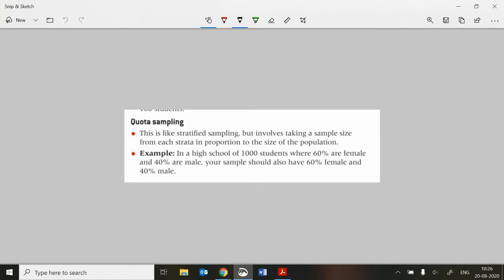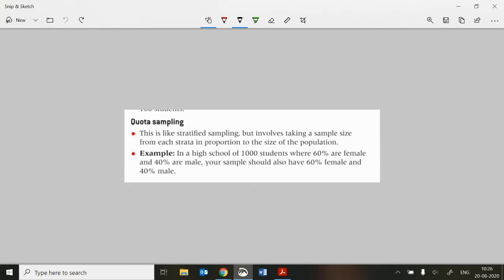So to look at the general experience, we want to take twice as many students from year 8. So quota sampling is the same as stratified sampling, except we need the right proportion from each of the strata, as in we want the same proportion in our sample as we have in the population.